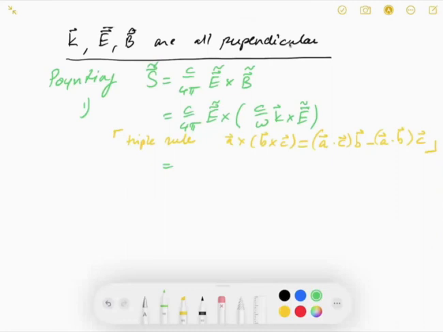So therefore we're getting c squared over 4 pi omega. And now our A crossed with B crossed with C, so A dotted with C. Okay, that's good. That's E squared times K vector.